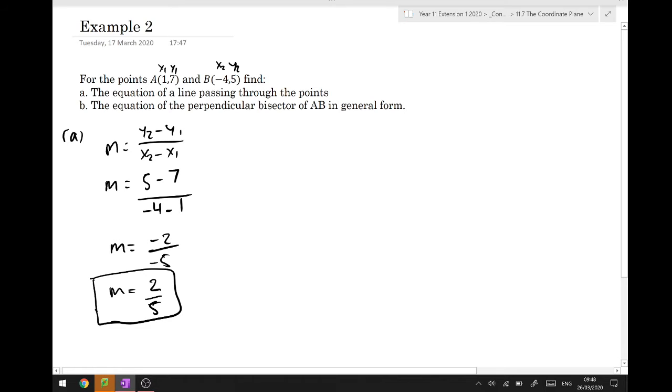Now I'm going to put this into point-gradient form. That is y minus y1 is equal to m lots of x minus x1. I know my gradient is equal to 2 on 5, so I can replace that: y minus y1 is equal to 2 on 5 lots of x minus x1.